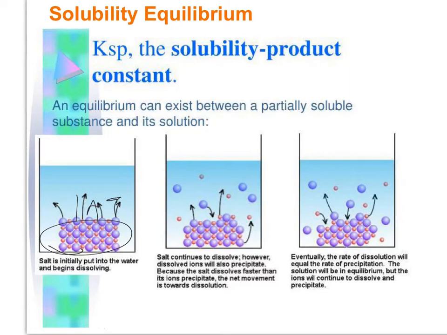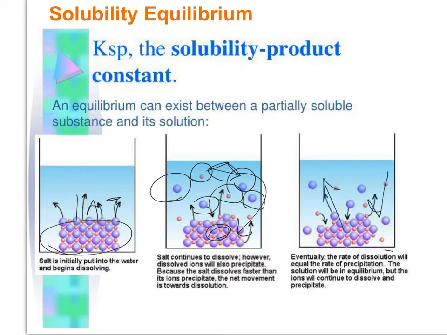At some point, when you build up enough solvated ions, some of them are going to begin to recombine and, as we say, precipitate. That means a substance coming out of solution to reform the solid substance. So eventually at equilibrium, the rate of the dissolving process and the rate of the precipitation process will equal one another, and equilibrium will have been achieved.